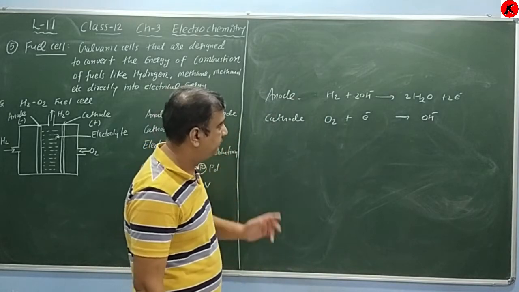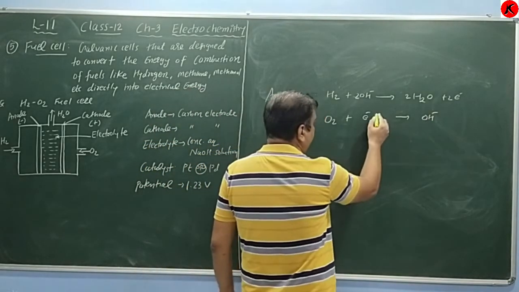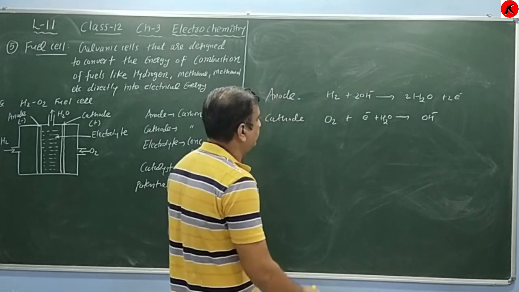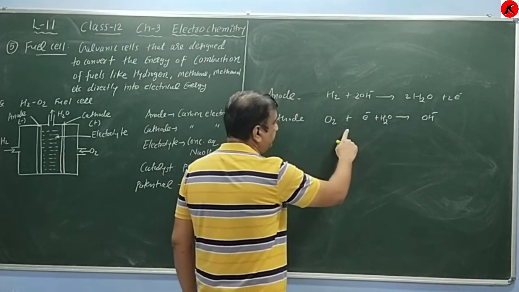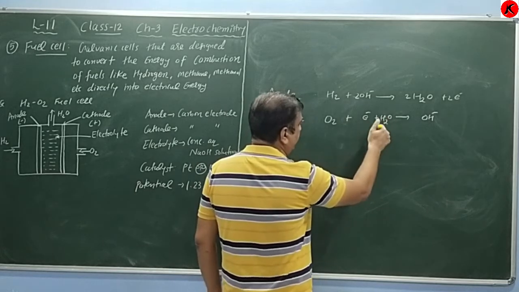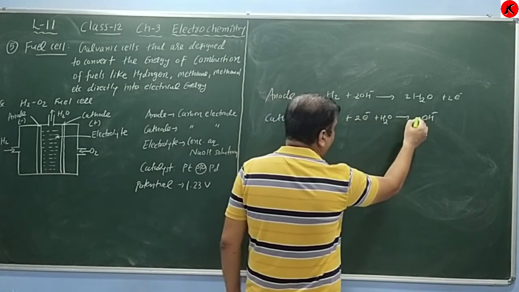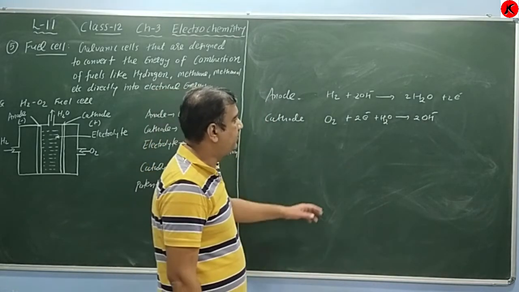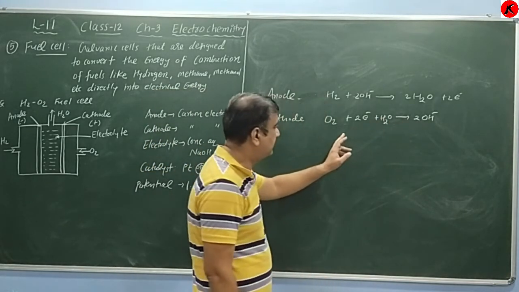And now here hydrogen is there. That means for balancing purpose H2O. And now here oxygen is 3. Now balancing, suppose 2 electrons and here 2 OH minus. Then hydrogen is balanced, charge is balanced.